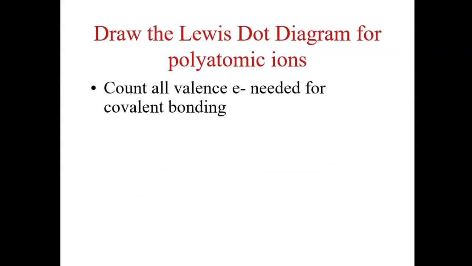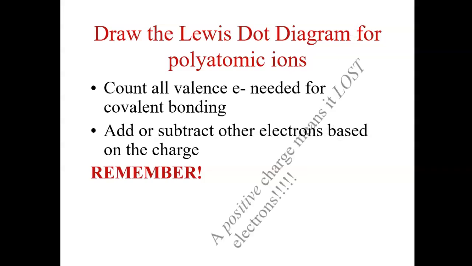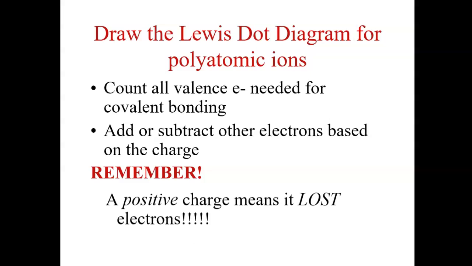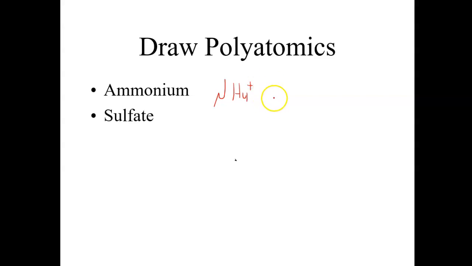How do we draw the Lewis dot structure or diagram for polyatomic ions? Well, again, you count the valence electrons needed for the covalent bond. You add or subtract other electrons based on the charge. And if you remember, a positive charge means they lost electrons, and a negative charge means they gained electrons. So if you have ammonium, which is NH4 plus, you have 5 electrons here plus 4.